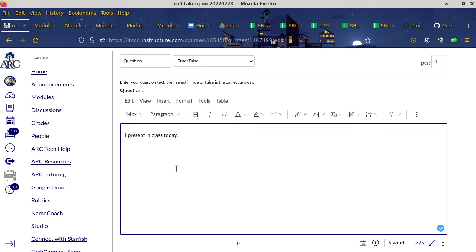Okay. That's okay because syntactically it is correct, because this can be interpreted as I present today. I present in class today. So let's find out all the ways where the grammar is actually technically correct, but it is actually wrong. Because I is singular, right? And is also singular.